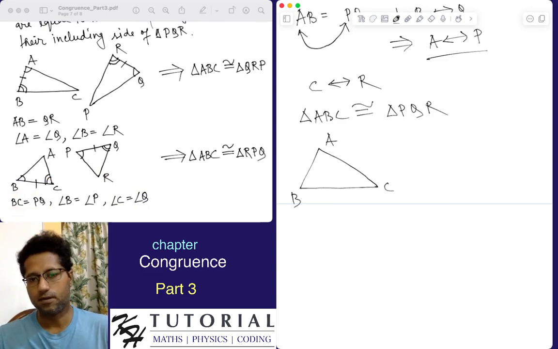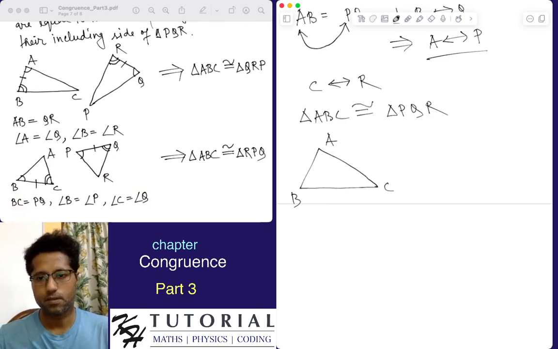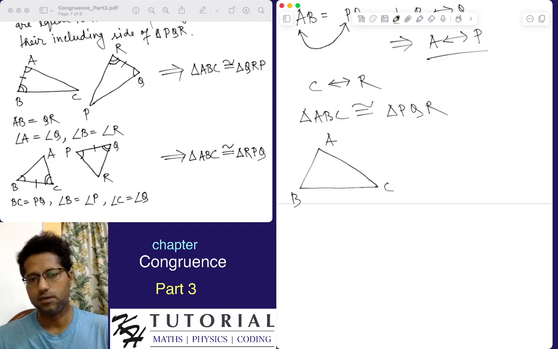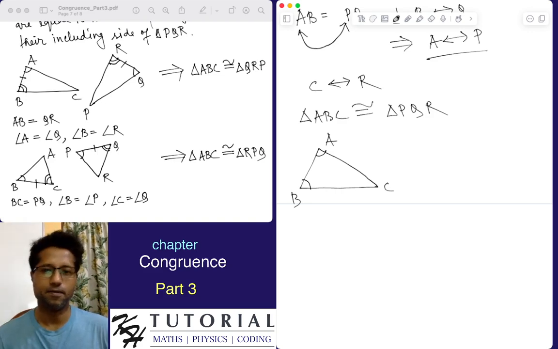If I consider any side, let's say AB, the two angles included by the side AB are the angles A and B, which you can obviously know from the letters of the side AB.